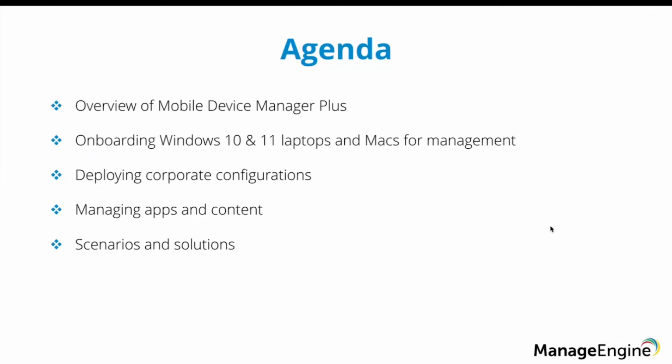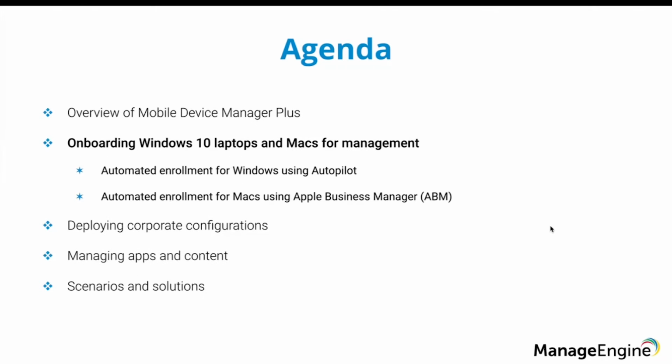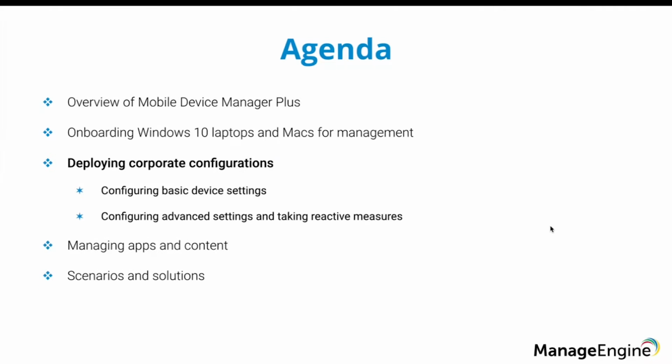So quickly getting into the agenda, we will see a general architecture of MDM, how MDM contacts the mobile device, what are the prerequisites required. Next, we will see what are the enrollment options we offer for onboarding your Windows machine as well as your Mac computers. So once your devices are enrolled, what are the basic configurations you can enforce on those endpoints?